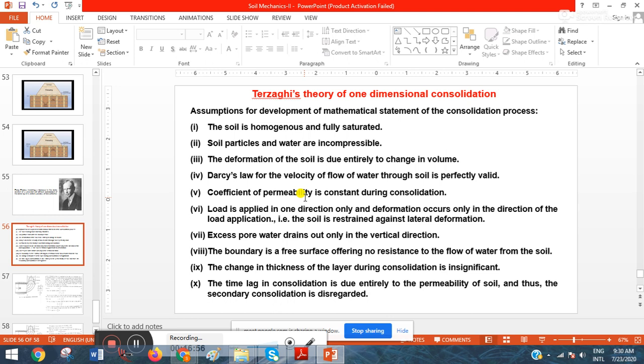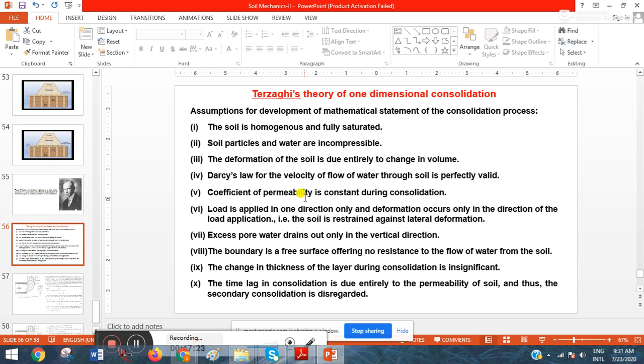Number 8, the boundary is a free surface offering no resistance to the flow of water from the soil. Number 9, the change in thickness of the layer during consolidation is insignificant. And number 10, the time lag in consolidation is due entirely to the permeability of soil, and thus the secondary consolidation is disregarded. So these 10 assumptions are very important for consolidation.